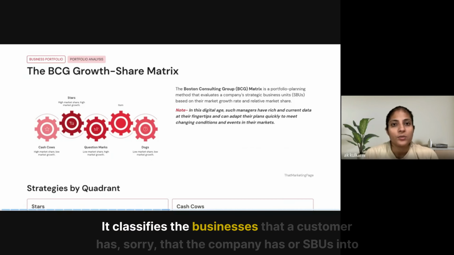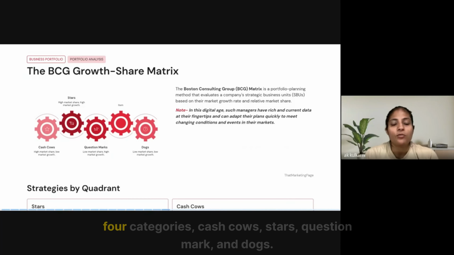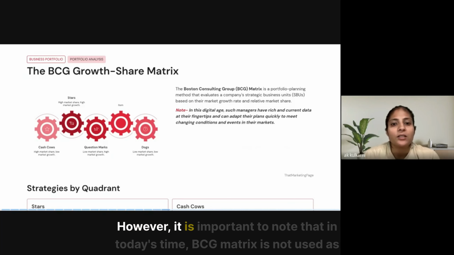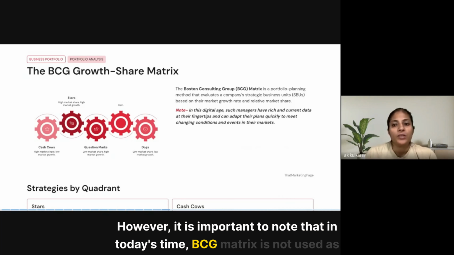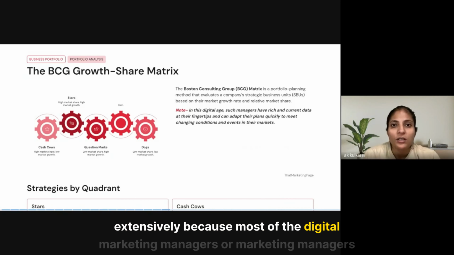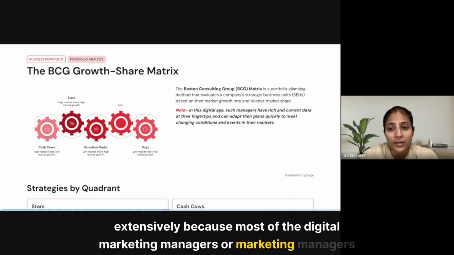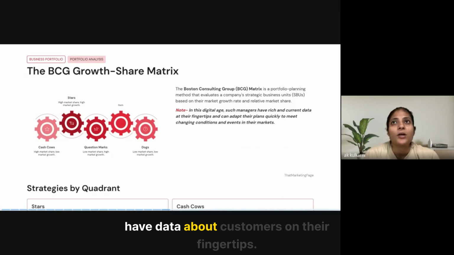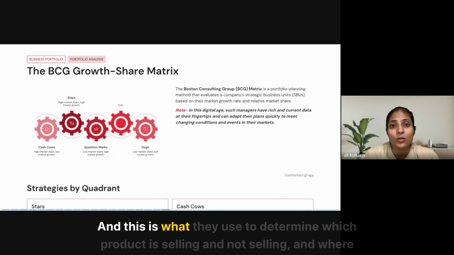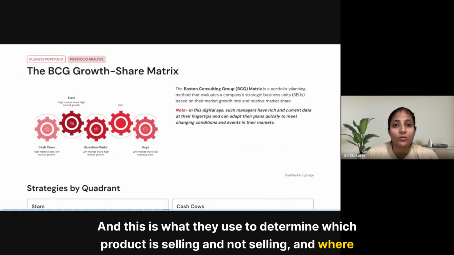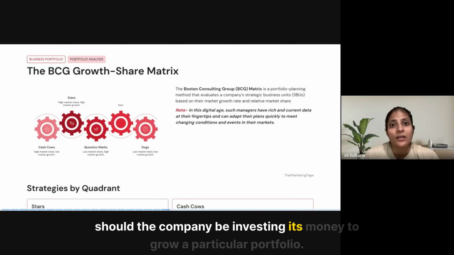It classifies the businesses that the company has, or SBUs, into four categories: cash cows, stars, question marks, and dogs. However, it is important to note that in today's time, the BCG matrix is not used as extensively because most of the digital marketing managers or marketing managers have data about customers at their fingertips, and this is what they use to determine which product is selling and not selling, and where the company should be investing its money to grow a particular portfolio.